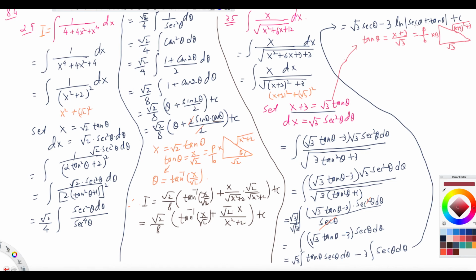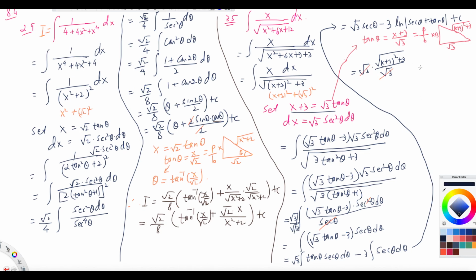Okay, now we need to plug in all those ratios using x. So root 3. What is secant theta? Secant theta is hypotenuse over the base. So you will get that over that. That is basically root under x plus 3 square plus 3 over root 3. Did you see that? So basically you can cancel that, root 3 and root 3, right?